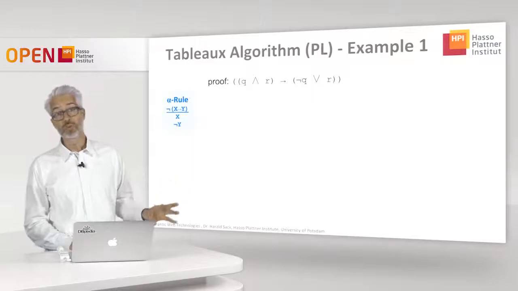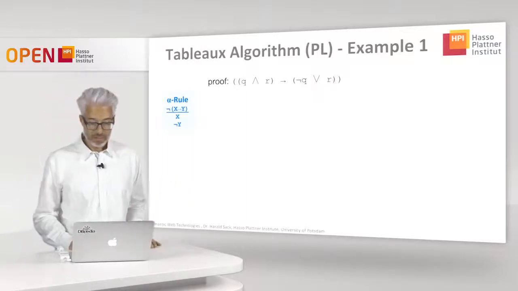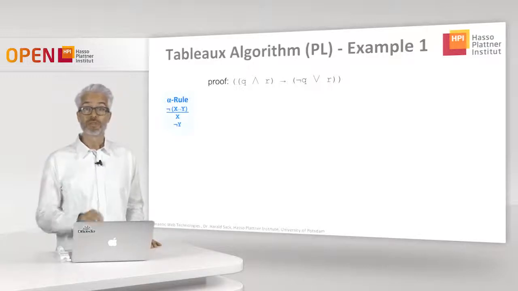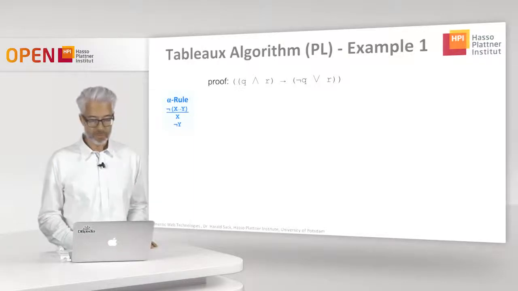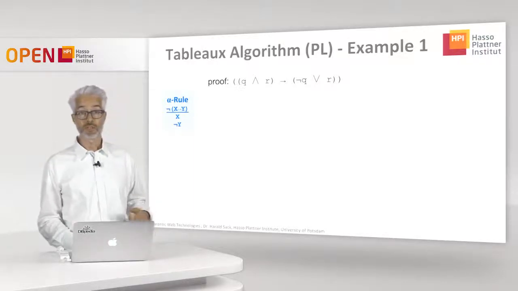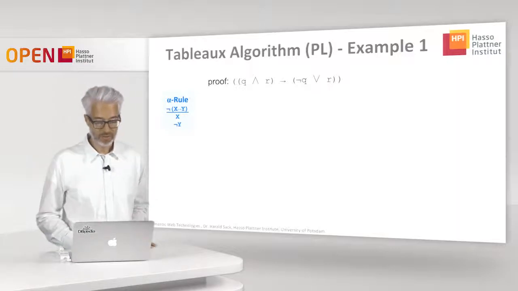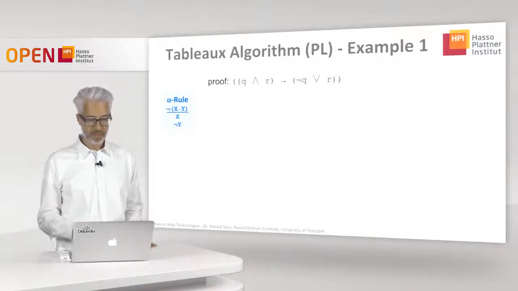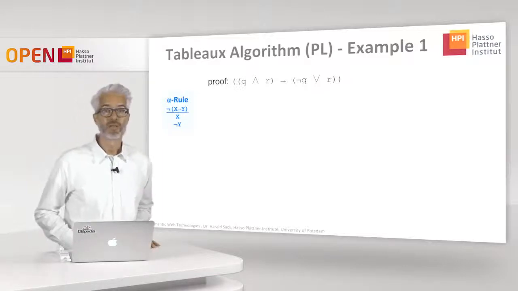Of course, we could do this in propositional logic with the help of truth tables, but you agree that the longer the formula is, the longer it will take to do this with truth tables, because you have to take into consideration all possible assignments to the logical constants you want to represent within that formula.